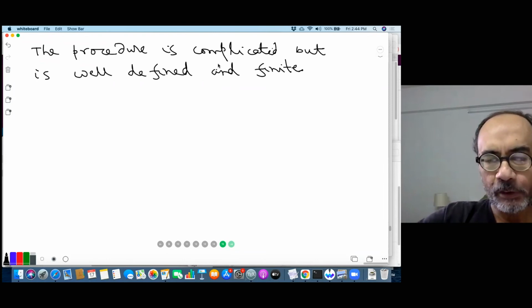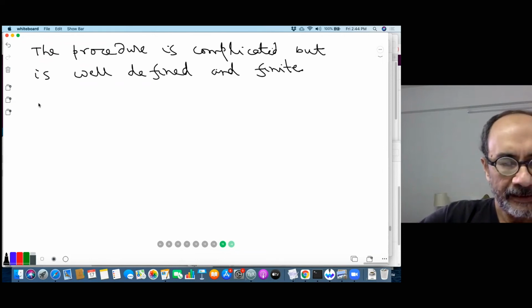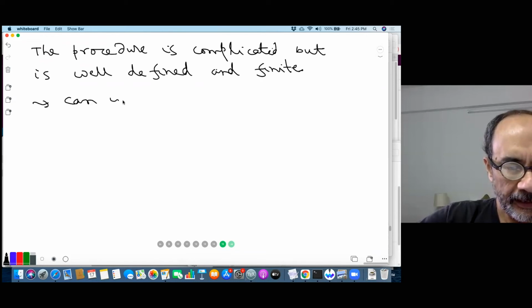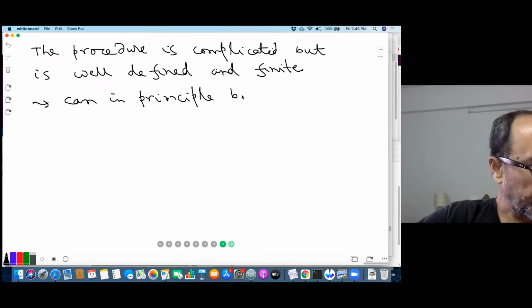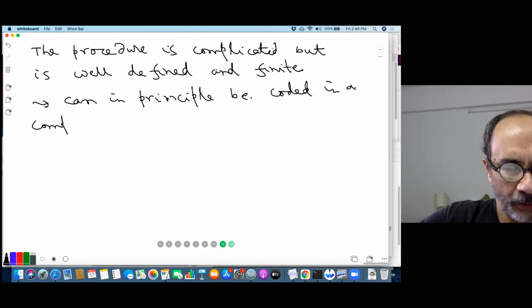We didn't restrict to any given genus or any given number of external states. And it's written in the form of an algorithm so that it can, in principle, be coded in a computer program. That's what is meant by having a well-defined algorithm, even though it's complicated.